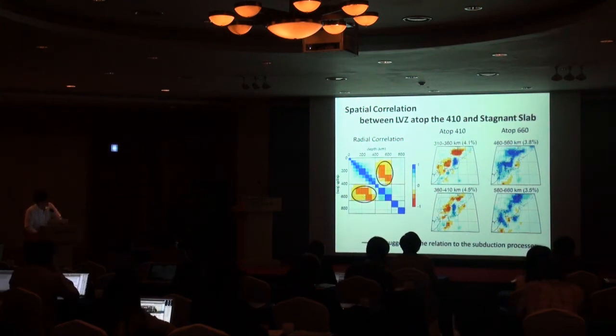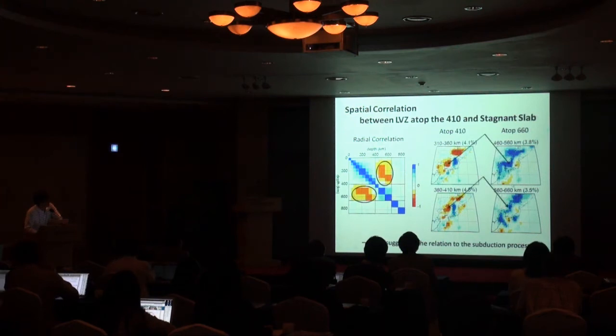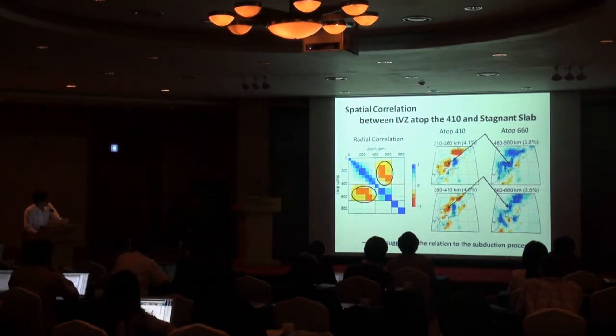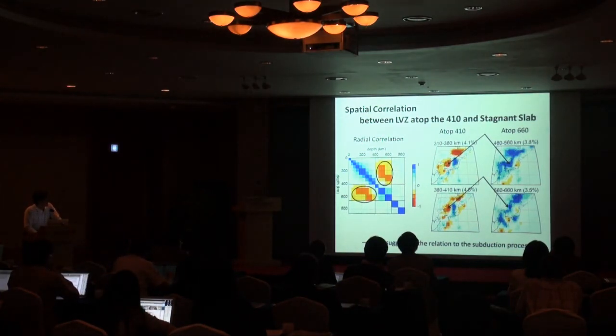This is a comparison of heterogeneity patterns, and we can see low velocity anomalies are located above the high velocity anomalies above the 660, and these correlations suggest that these anomalies have some relation to the subduction processes.